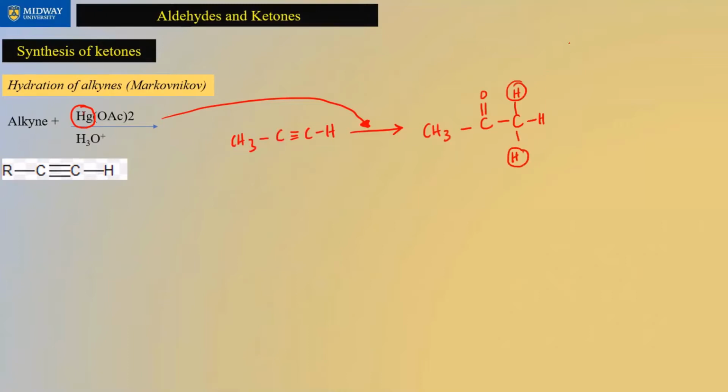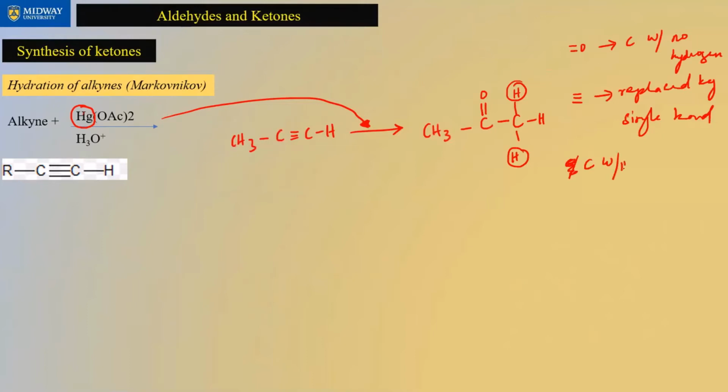So double bond O goes to the carbon with no hydrogen. Triple bond is replaced by single bond. And the carbon with hydrogen receives two hydrogens.